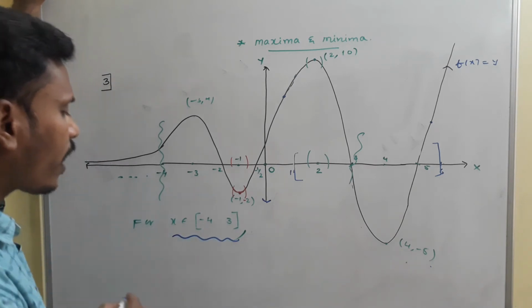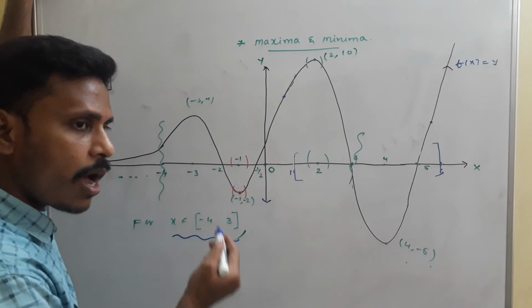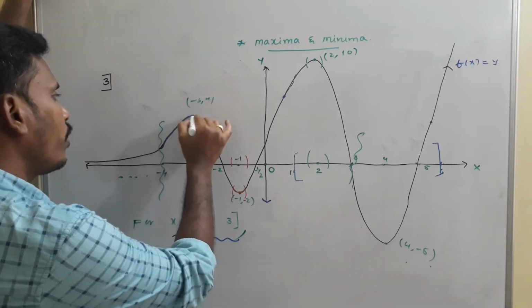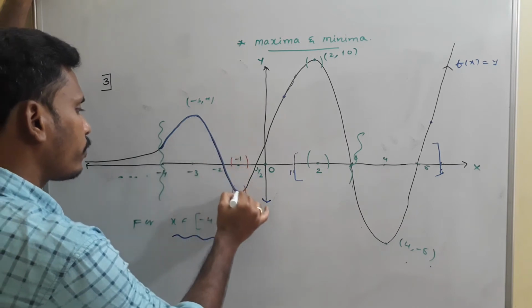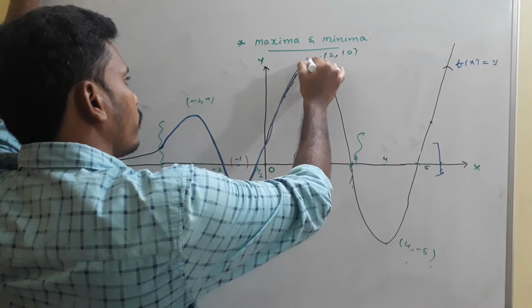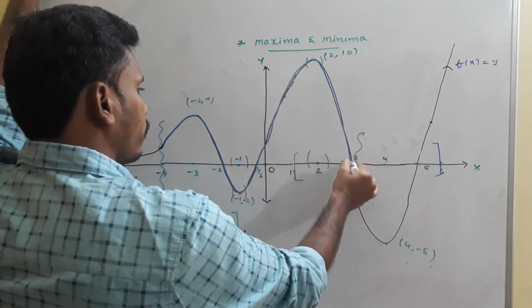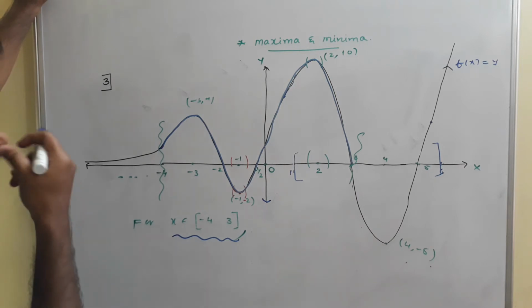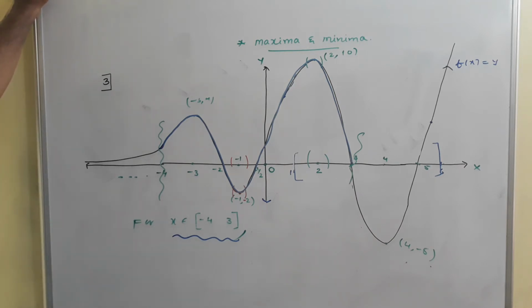In this particular interval, I need to find out the maxima or minima. See, minus 4 to 3. In this interval you just trace the graph. This is the graph, right? So in minus 4 to 3, if you trace the graph, what is your maximum value?